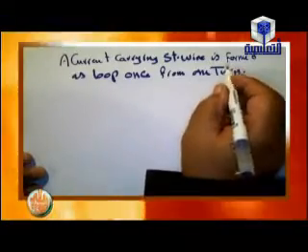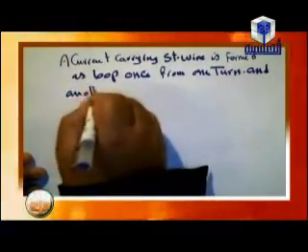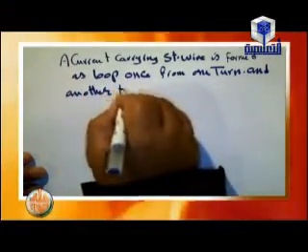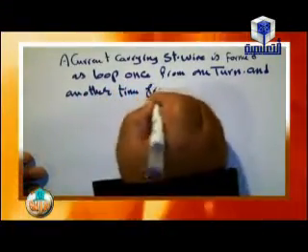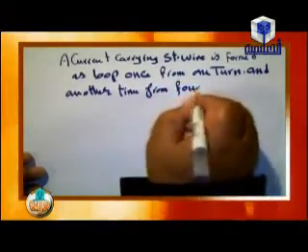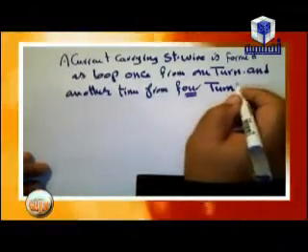The straight wire forms the loop from one turn, and another time from 4 turns. The first is 1 turn and the second is 4 turns.